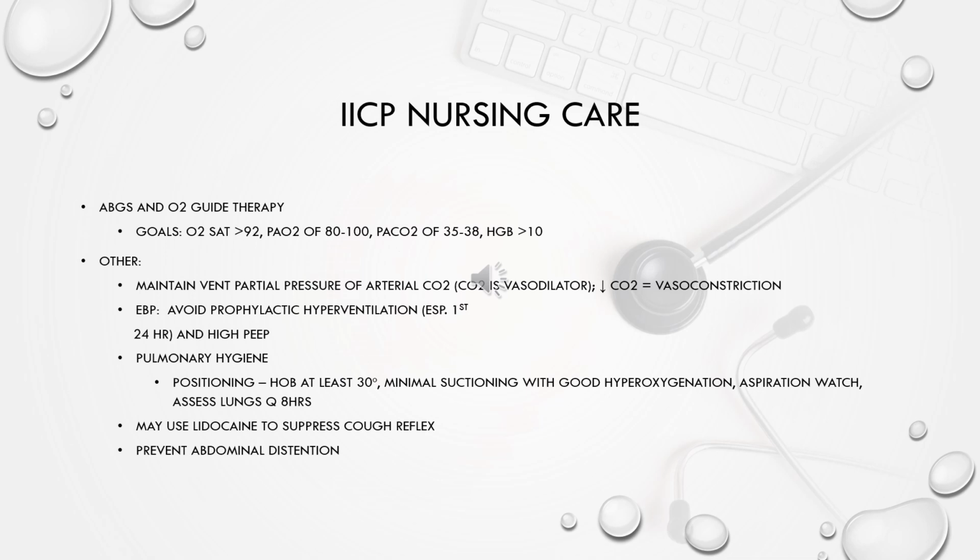So our goals are to try to keep our O2 sats above 92, and when you're looking at your ABGs or those blood gases, you want your PaO2 to be between 80 and 100, which is in a normal range, and your PaCO2, or that CO2 level, normal is 35 to 45. One reference I saw said 35 to 38. That's where this comes from, but I have seen some references that also will tell you to even let it be lower than that.